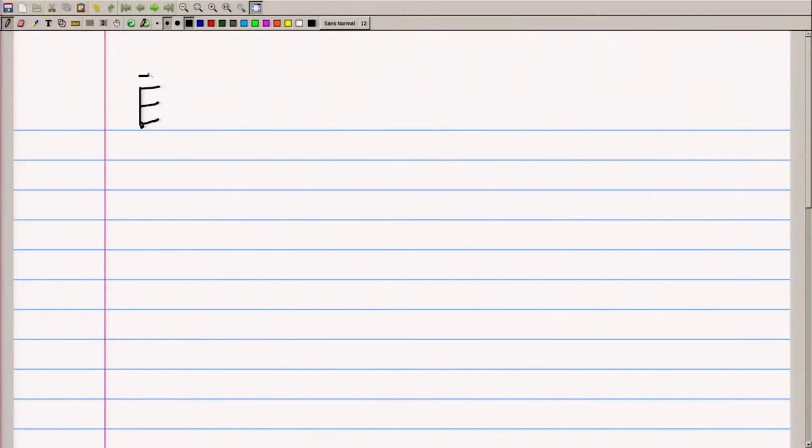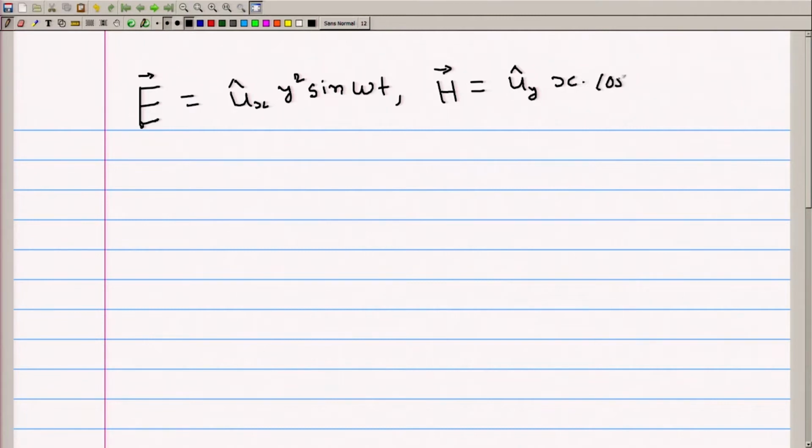So, here the vector electric field is given as ux y squared sin omega t and the vector magnetic field is given as uy x cos omega t.